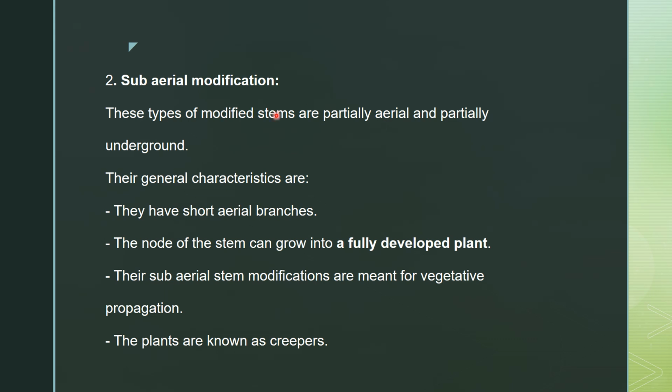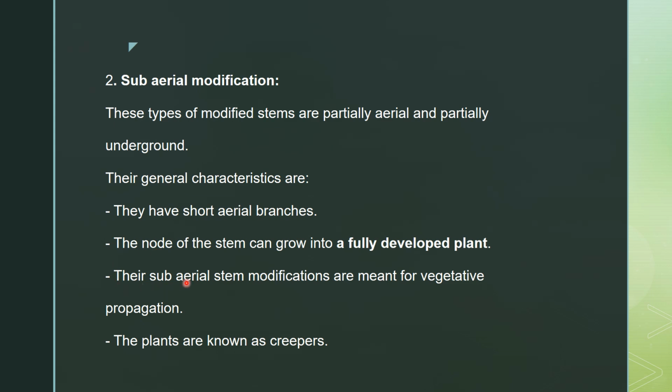Their general characteristics are: they have short aerial branches. The node of the stem can grow into a fully developed plant. So from the node of the stem, we can get a fully developed plant.